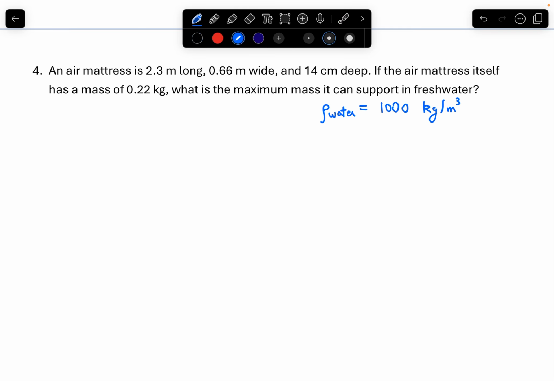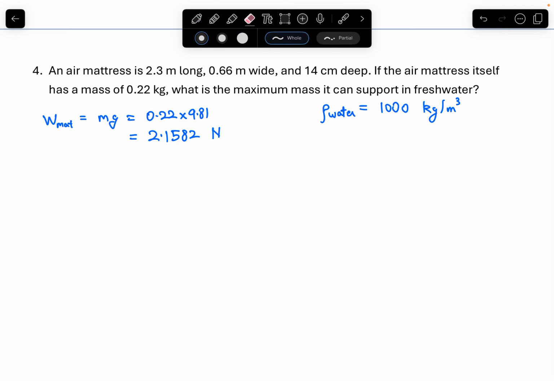First things first, let's find the weight of the mattress. That will just be m times g, which is 0.22 times 9.81. This comes out to 2.1582 newtons.